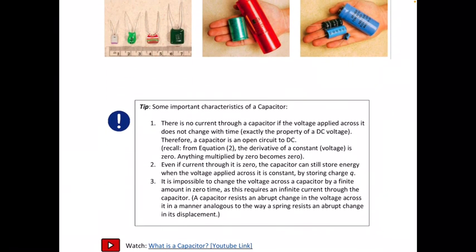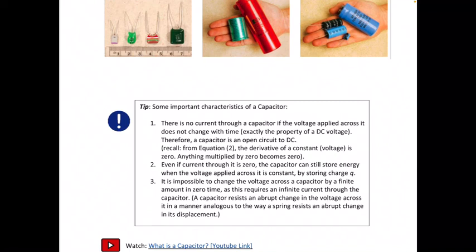Now the first characteristic is that there is no current through a capacitor if the voltage applied across it does not change with time, which is exactly the property of a DC voltage. Therefore, a capacitor is an open circuit to DC, and we will learn how that open circuit would look like in our circuit analysis when we solve a problem.